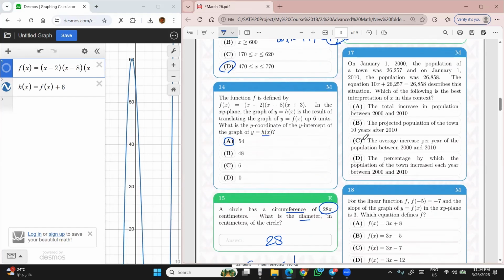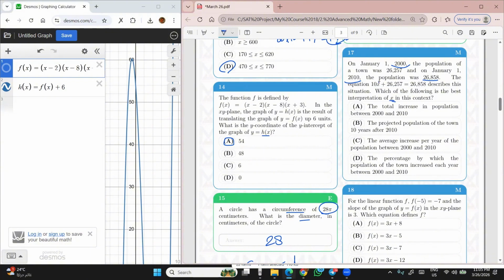Number 17, on January 1st, 2000, the population of the town was 26,257. And on January 1st, 2010, I mean after 10 years, it became 26,858. The equation here describes this situation. Which of the following is the best interpretation of the x here?